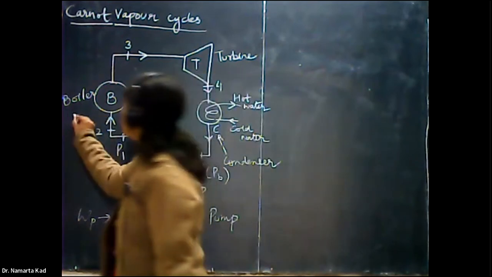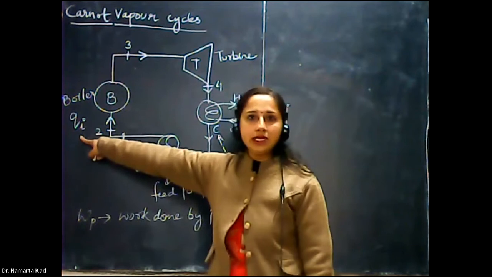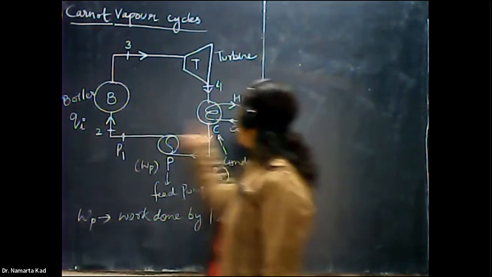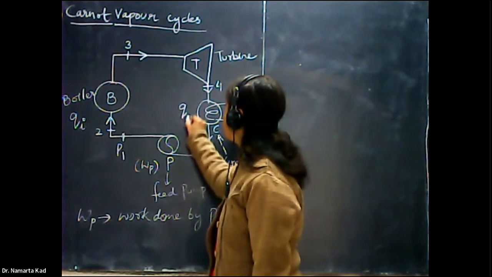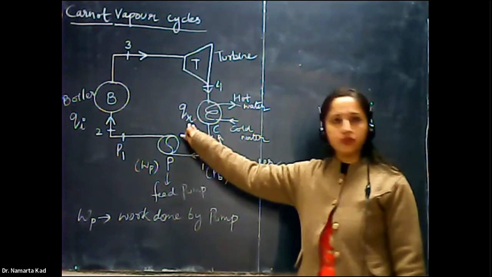Okay, and next, here it is QI, that is the heat absorbed in the boiler, that is the heat input. And in the condenser, I am using QR, that is the heat released at the condenser.